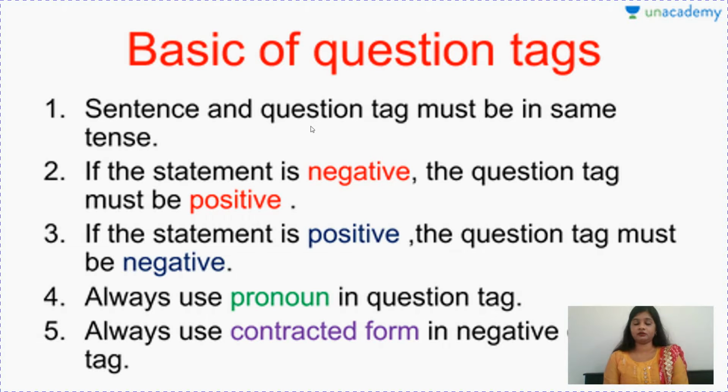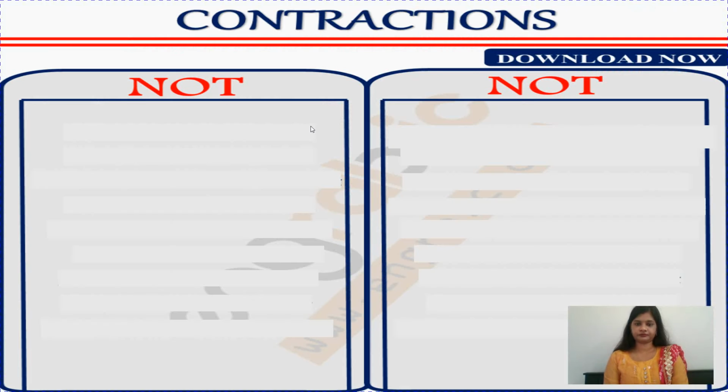Like we have written isn't it, aren't you. So we have written the contracted form. We have not written is not it like this. It's wrong. Isn't it? We will not write are not, aren't. Fine. Let's see a few more contractions.